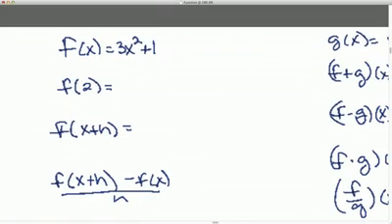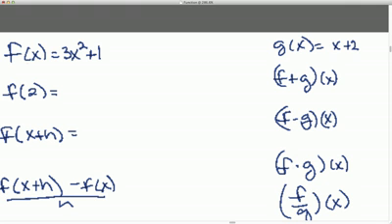Now let's look at some basics to do with functions. What can they ask you to do with a function? Well, first thing they might say is, given that a function is something, plug in a numerical value and evaluate it. Most of you guys have done this long enough to where you should be able to just know it.